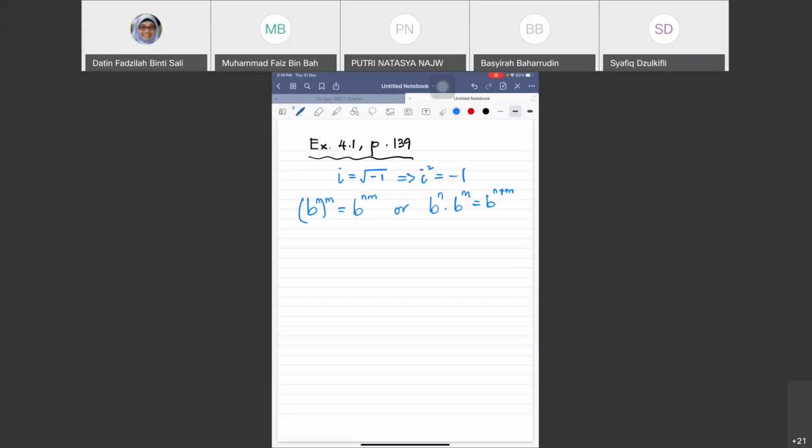You might want to use this concept in order to evaluate any I to power, like this one, I power 13, as well as 2I squared plus 3I power 9. Okay, everyone?